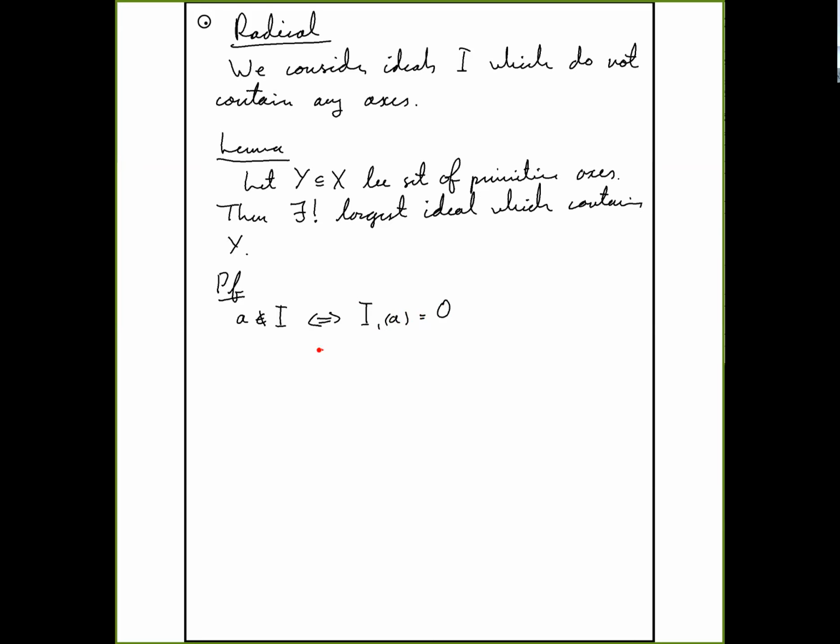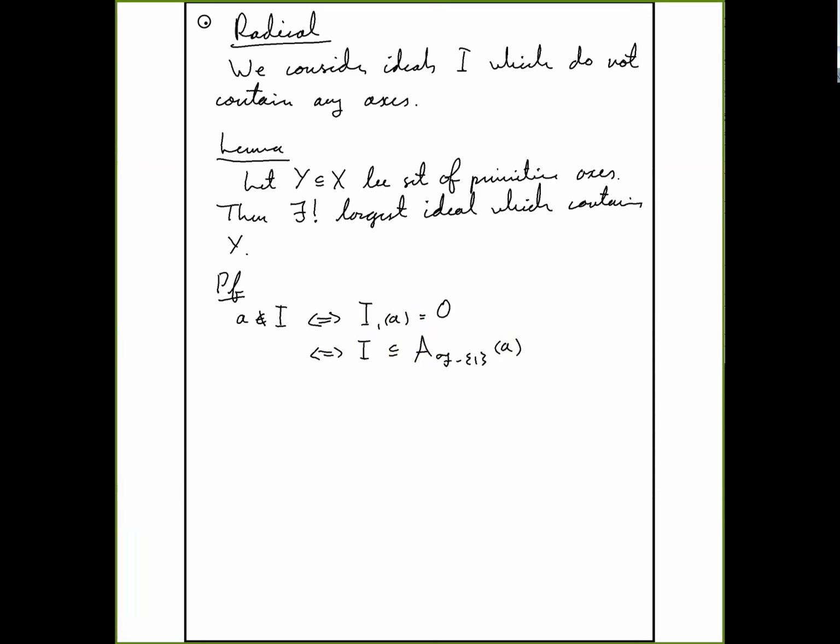In other words, my ideal must be contained in all of the subspaces which aren't the one subspace.